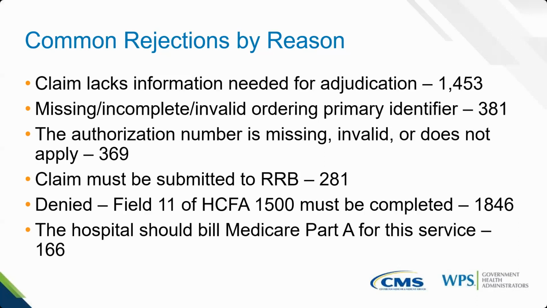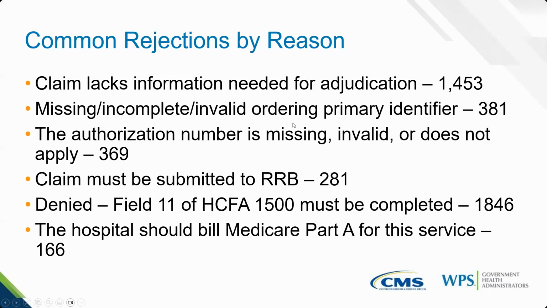We do have claim form instructions in the internet only manual that goes step by step, you know, item 1, item 2, item 3, and it tells you whether it's a required element or situational, meaning that it depends on something else that's on the claim, whether you need to complete that item. Typically, you're going to see more than one reason on a claim, and that will help you better know what it is that your claim is lacking.